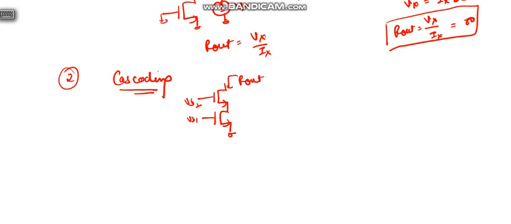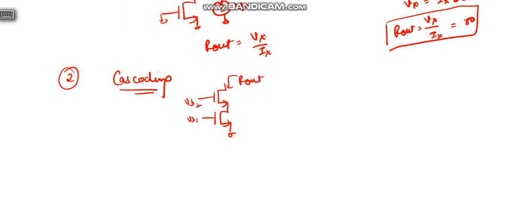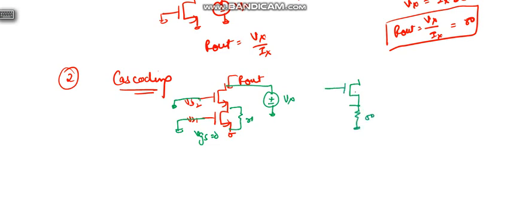What we will do is ground these two. Here we will apply Vx voltage. Now here VGS equals 0, so we consider only RO. So this will reduce to this configuration.